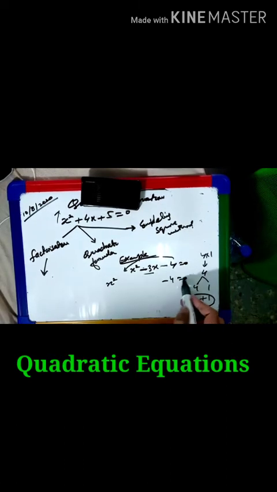You will write the first and last term the same, and the middle term you will break. So I can write here minus 4x and plus x. So if I write minus 4x plus x, it becomes minus 3x. You agree? Yes. Now from the first two, what can you take common?